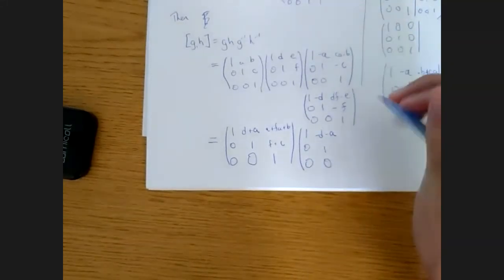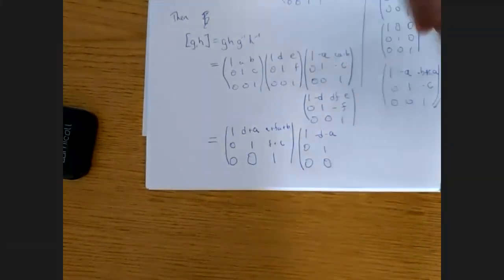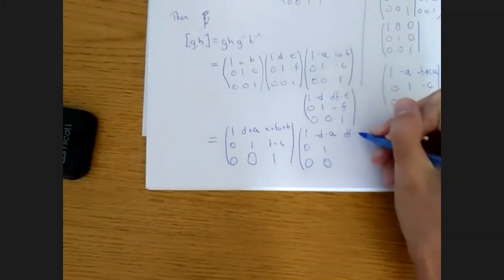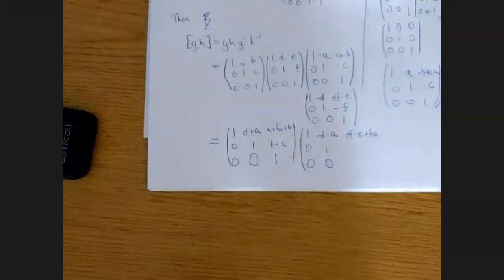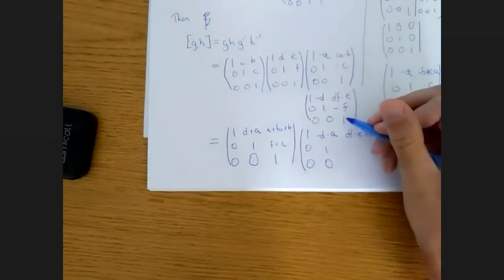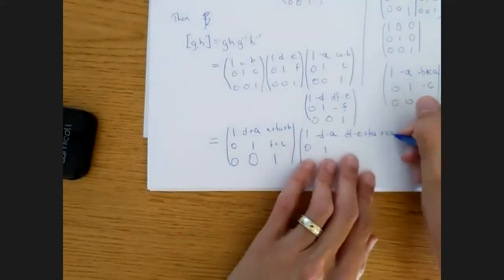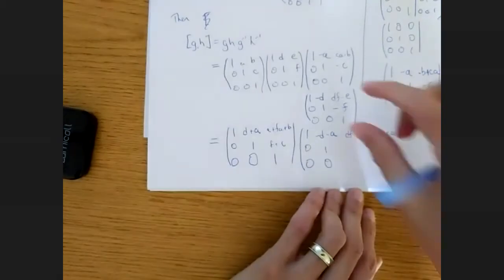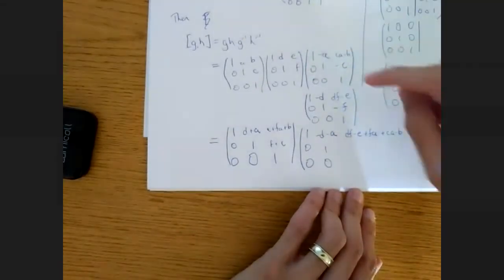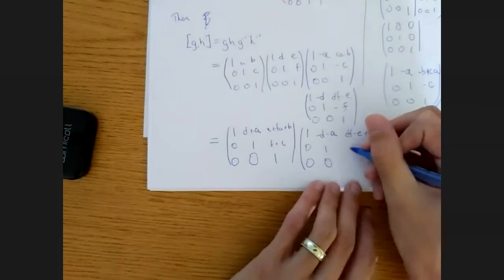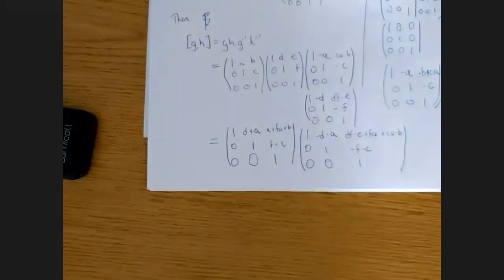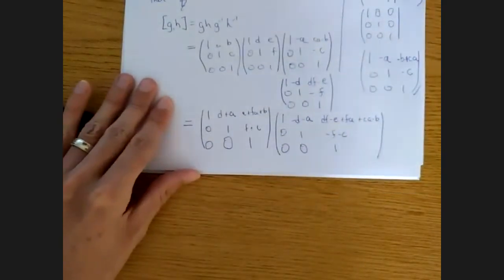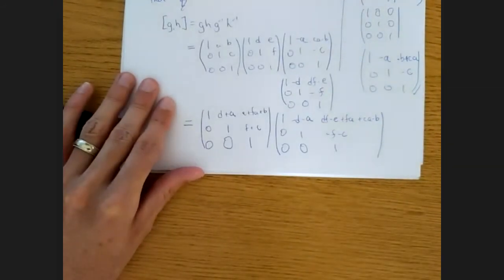And then we have this times this, so we have DF minus E, plus FA, plus CA minus B there. And then this times the second row gives me minus F minus C. Then we have 1. Now we have to multiply these together, and we have kind of run out of room. That's okay.